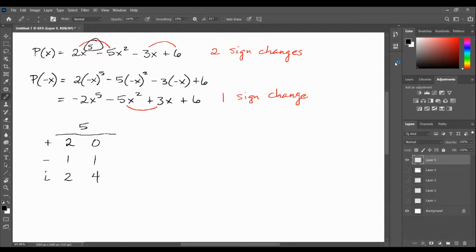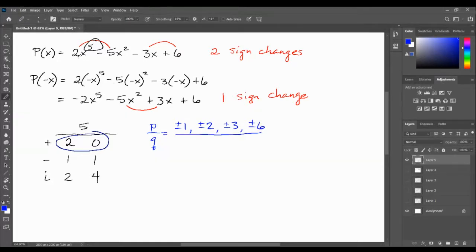Now look at this. This is kind of key, and it's important here. We've got 2 and 0 as our positives. Let's do our rational zeros theorem, our P over Q. So 6 was our P, so that has factors 1, 2, 3, and 6.